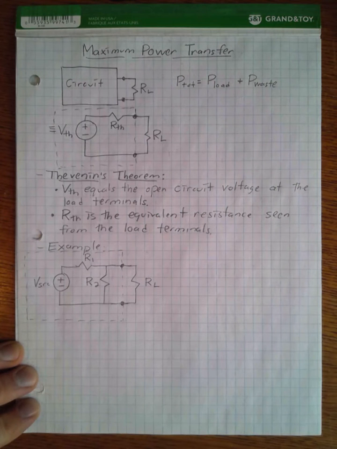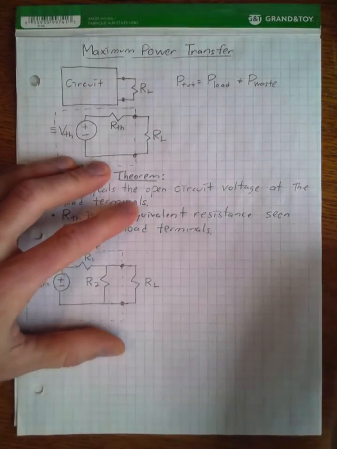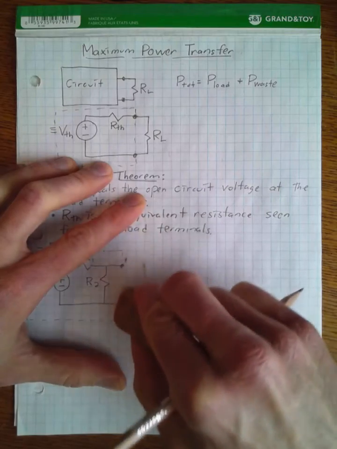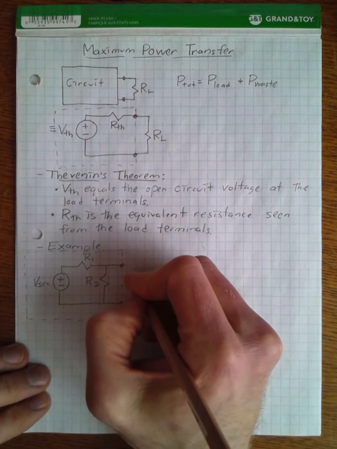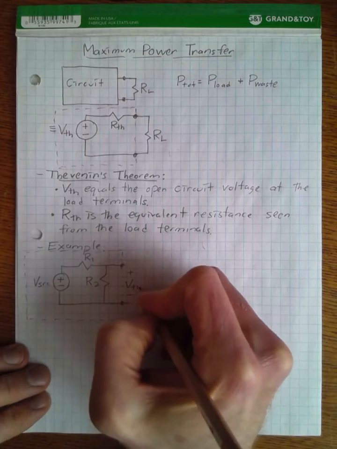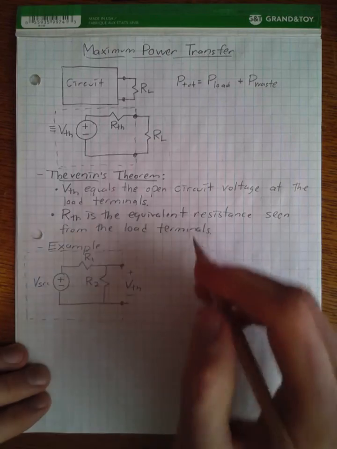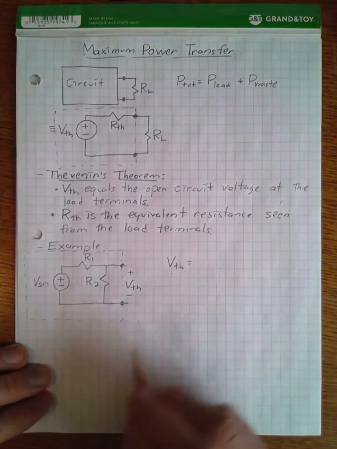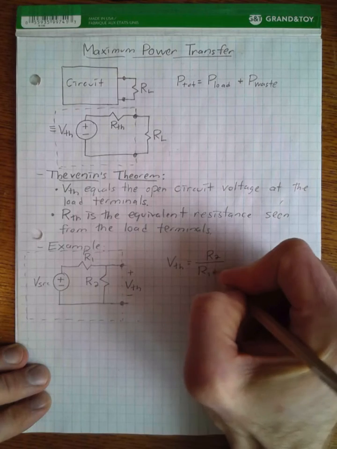And so the Thevenin voltage then, if we remove the load resistance and just replace it with an open circuit, then the Thevenin equivalent voltage is the open circuit voltage at the load terminals. And so in this case, with that load being open circuited, the Thevenin equivalent voltage can just be found using the voltage divider equation.